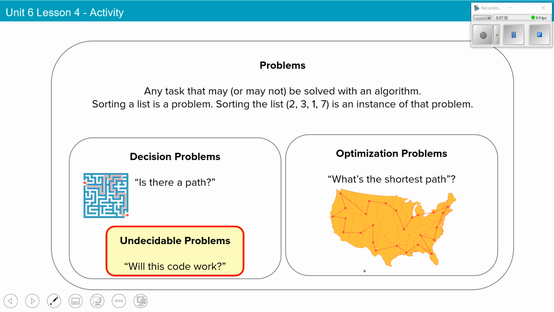So then there are things that are undecidable. The traveling salesman problem is not undecidable. It's unreasonable. Undecidable is something that an algorithm cannot come up with a solution to. It's not that it takes too long, it's impossible to do.